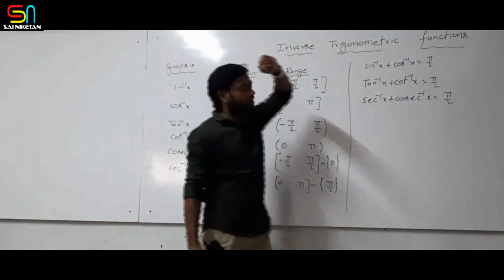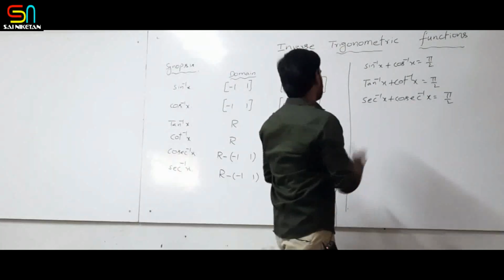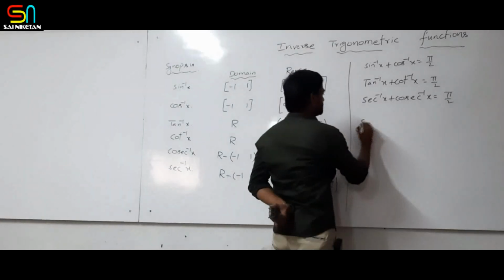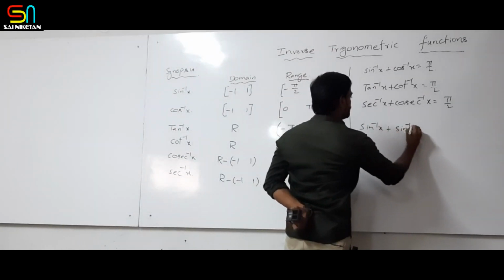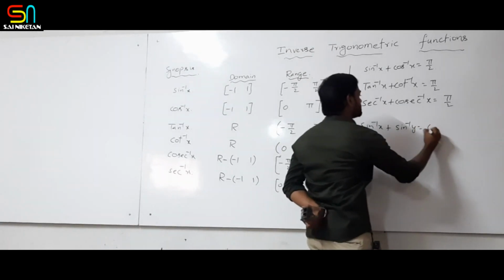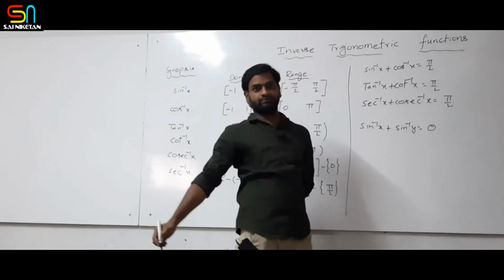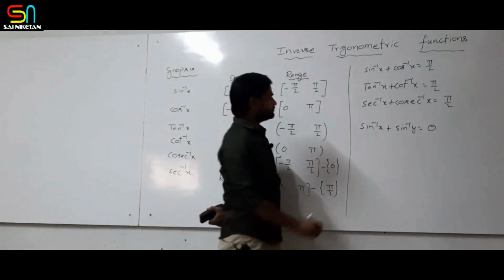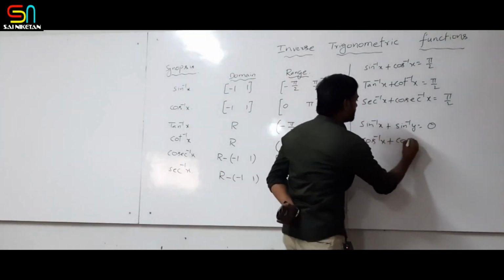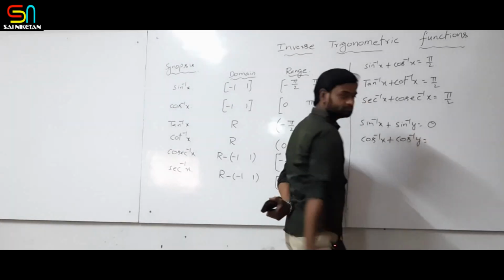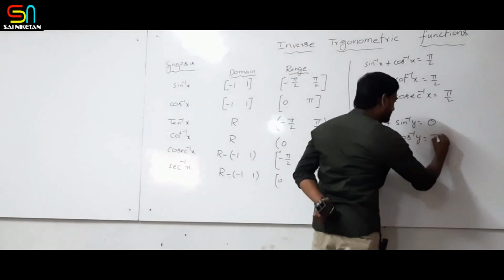Now come to the comparative level. Suppose I am taking sine inverse x plus sine inverse y equal to theta. Now what is the value of cos inverse x plus cos inverse y? That is pi minus theta.